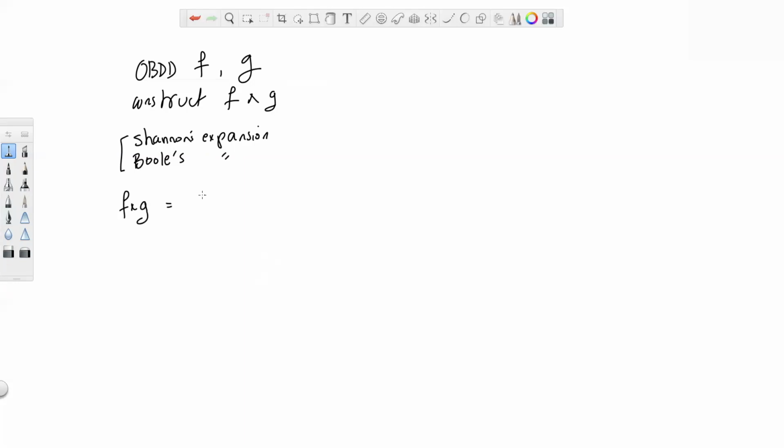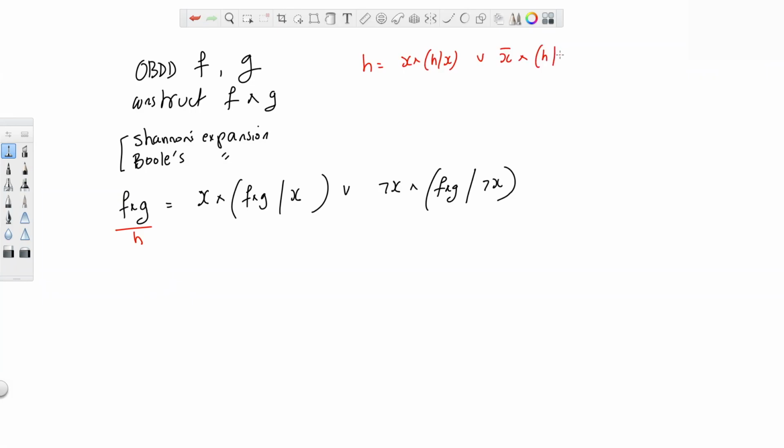If you remember, we can say x and f and g given x, or not x and f and g given not x. Remember this guy? So if you view this whole thing as the function h, we're just doing what we talked about before. I keep switching notations on you, but I think you can manage. That's what we did before. It underlies many things we talked about. We just did it, but instead of h, we plugged in f. That's what we're going to do.